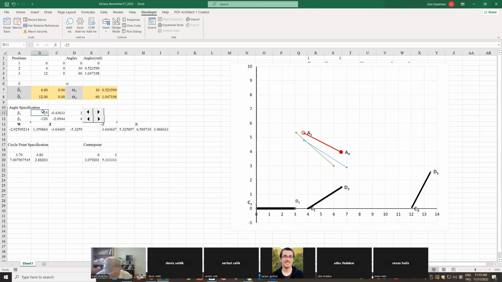So what I will do is equal to minus 20 minus this value, or minus 15 minus that value, minus 10 minus that value.